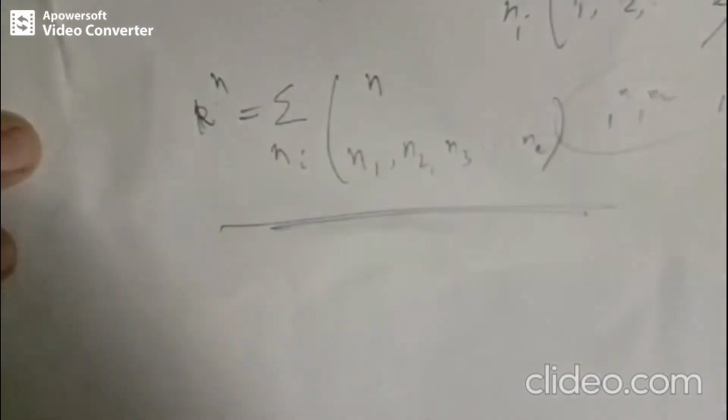So this is the simplified form wherever we substitute the different terms x1, x2 up till xk as 1.